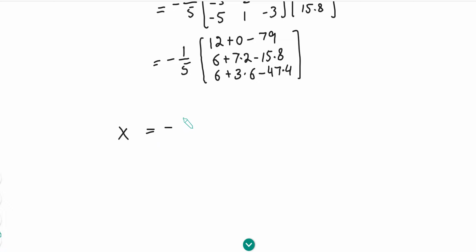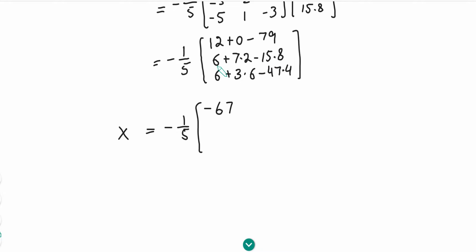X is equal to negative 1 over 5, and now our answers are 12 and negative 79, so the answer is negative 67.